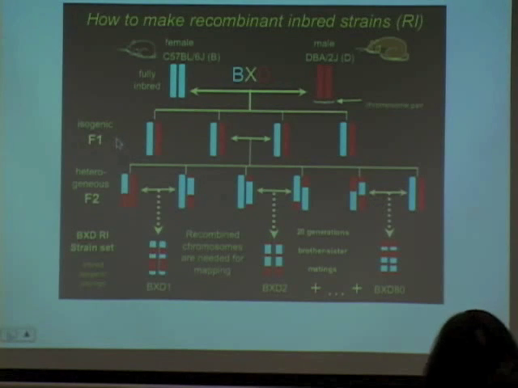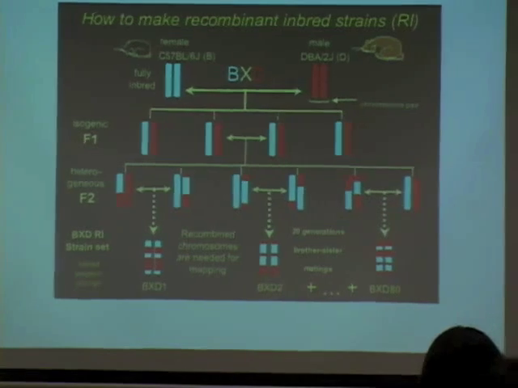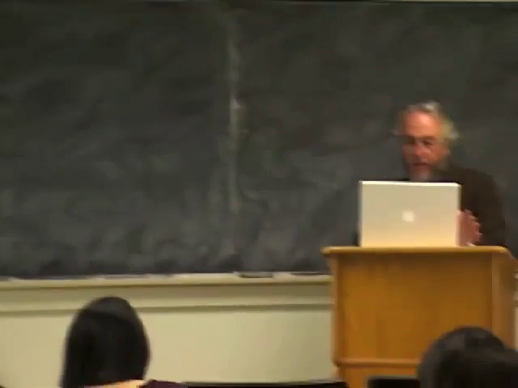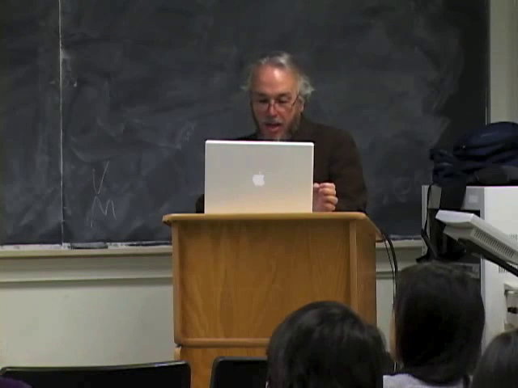They all have the same genes, but with regard to where their genes came from, they're completely heterozygous, right? So they have one chromosome from their mom and one chromosome from their dad. Each one of them has this kind of pattern of chromosomes: one from the mom's strain, the B strain, one from the dad's strain, the D strain.